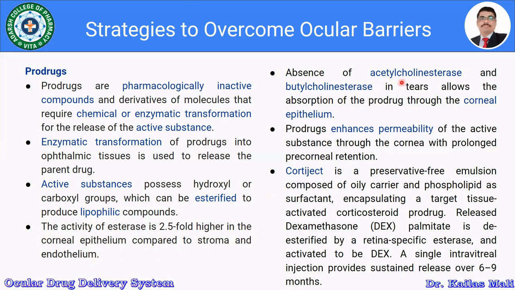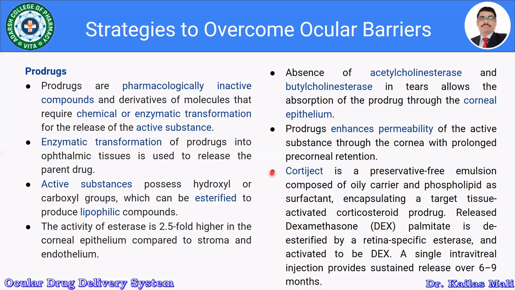Absence of acetylcholinesterase and butyrylcholinesterase in the tears allows the absorption of prodrug through the corneal epithelium. So the prodrug enhances the permeability of the active substance through the cornea with a prolonged precorneal retention.